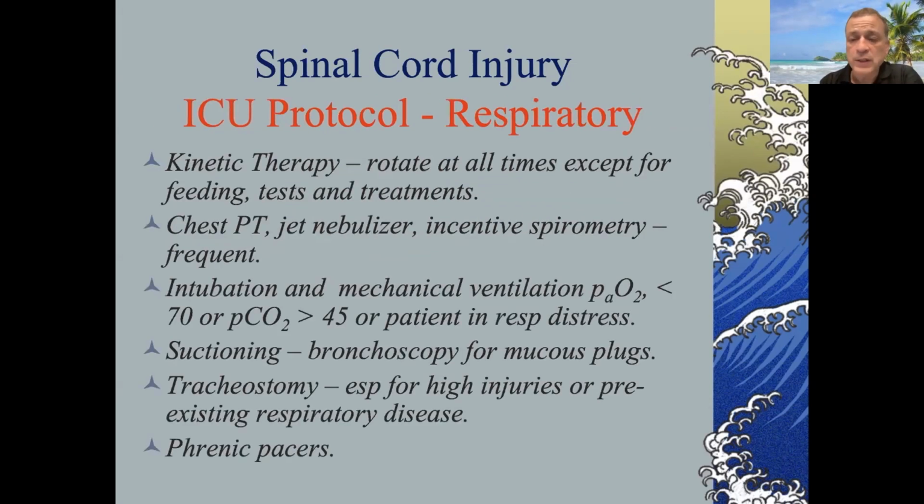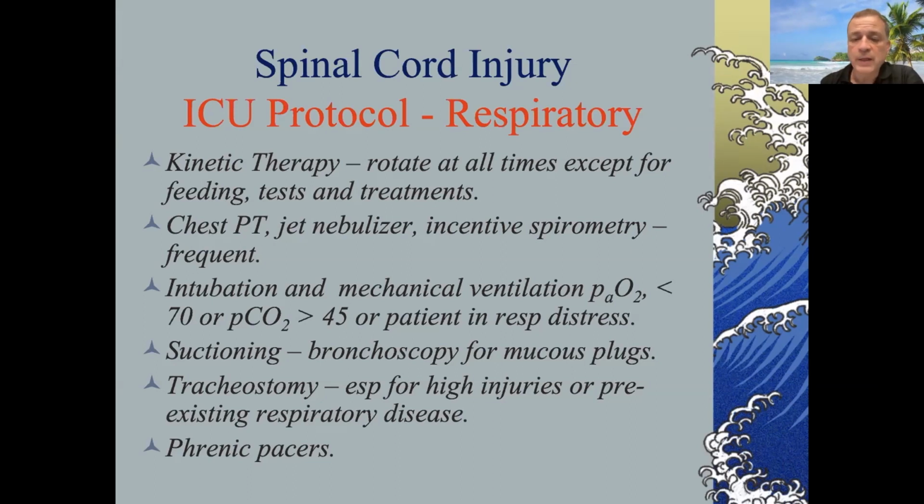The respiratory system can be severely affected because you can imagine if you're paralyzed and you can't use your intercostal muscles to help you breathe. And certainly if you have a very high cervical spinal cord injury that involves C3, 4, 5, you would affect your phrenic nerve function. So they often have pneumonia, atelectasis, ventilatory failure, trach.